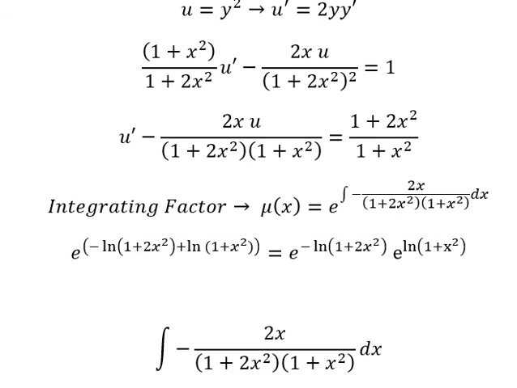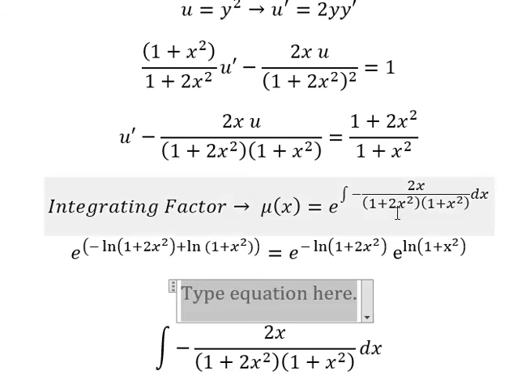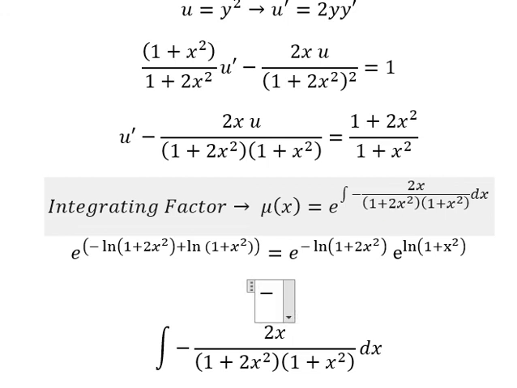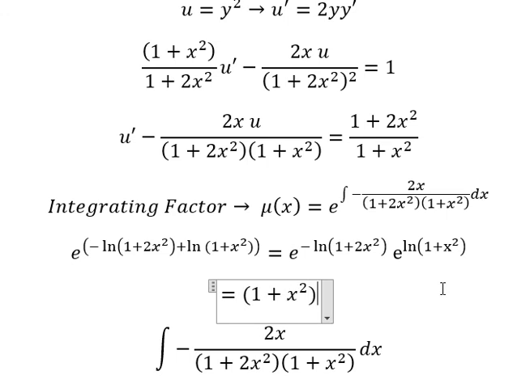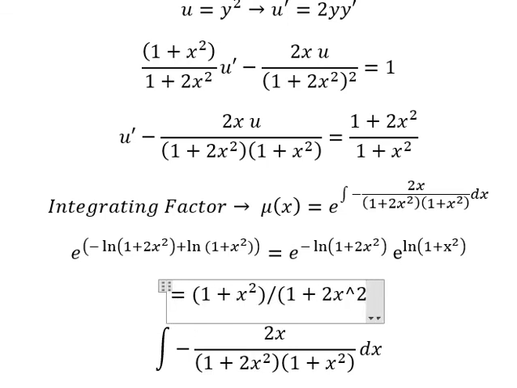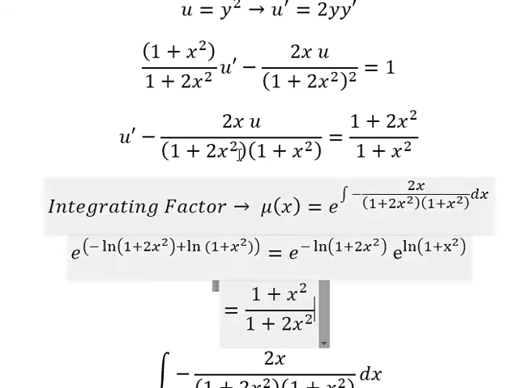So we can simplify. So this one we have e to the power of ln of 1 plus s square. We have 1 plus s square in here. This one we have the power, we have the negative, so we have 1 plus 2s square on the denominator.